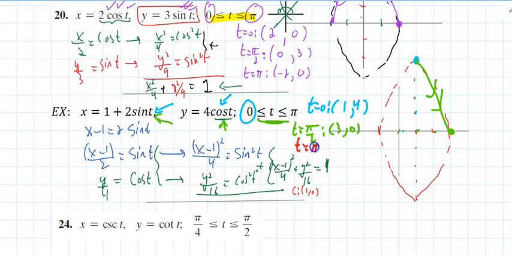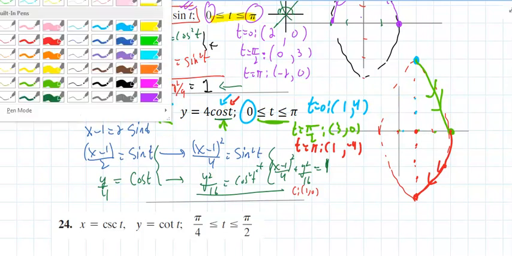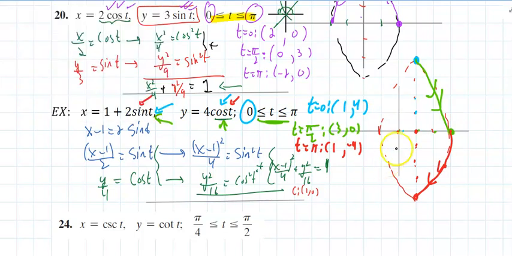At t equal pi, the terminal point, sine of pi is 0, that's a 1. Cosine of pi is negative 1, that's a negative 4. Move 1 to the right, 1, 2, 3, 4 down, and guess what? So again, you could erase the other side, you could just cross it out since you'll be writing with a pencil or pen, but that's it, just the right half of that ellipse.